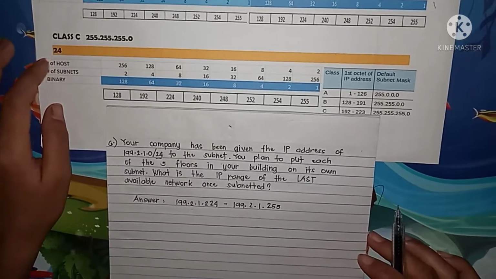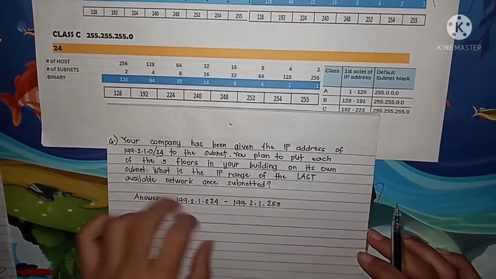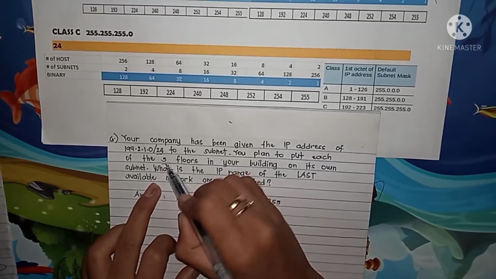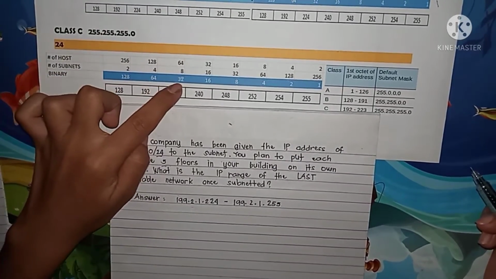So our interval is 5. So 5 belongs to 8. So our interval is 32.